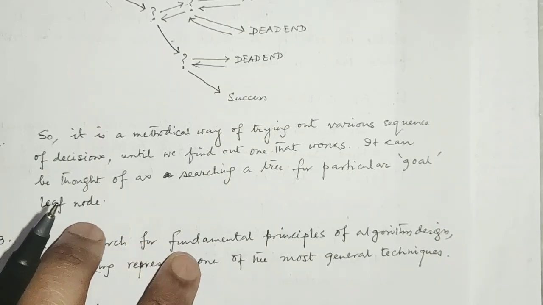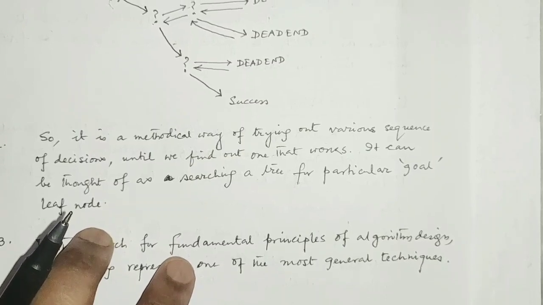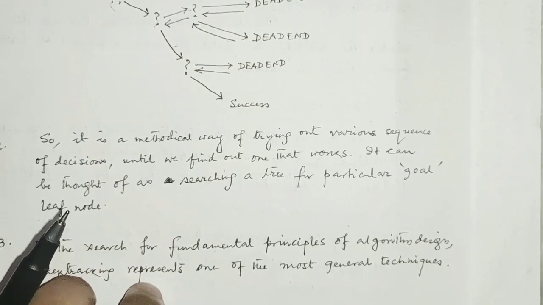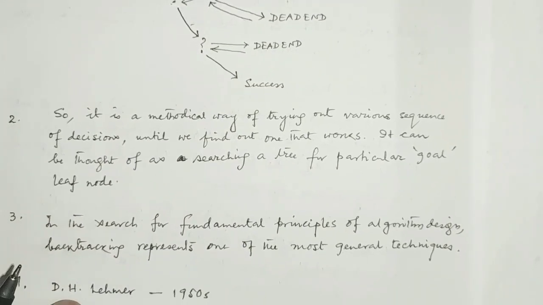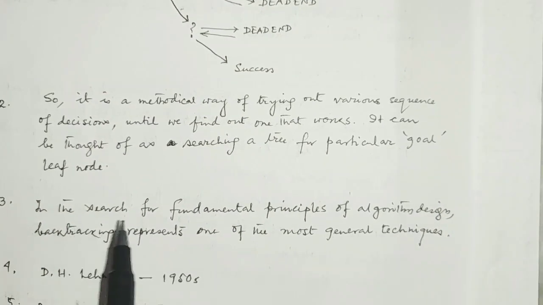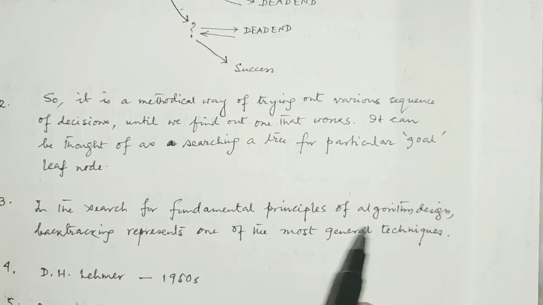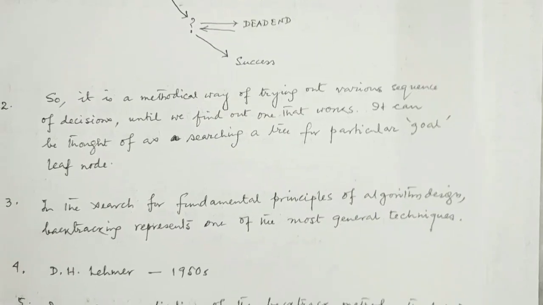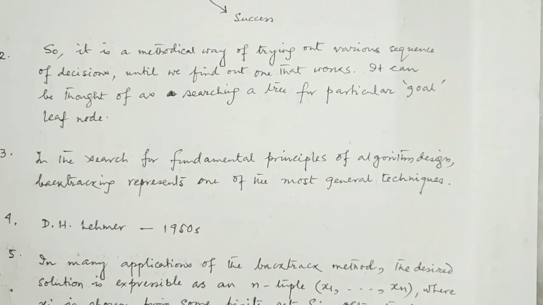That means in your backtracking problem there should be some constraints that should be satisfied. Such problems can be solved using the backtracking formulation. Fine.